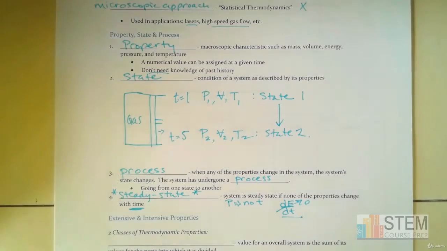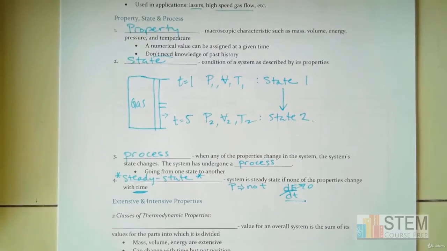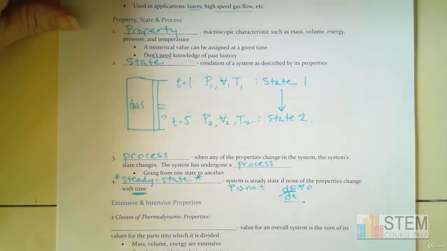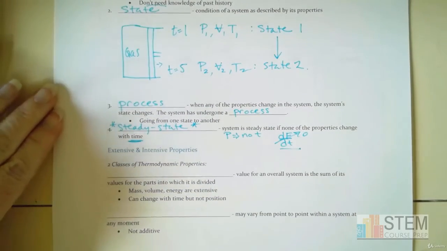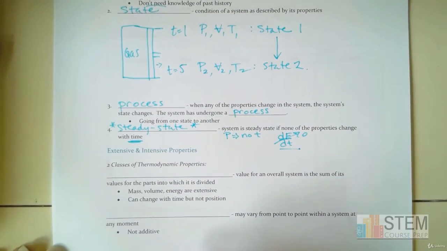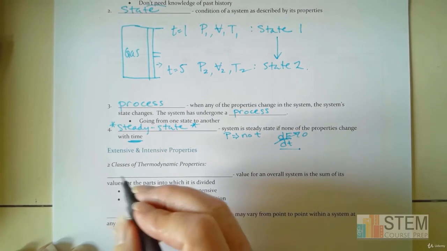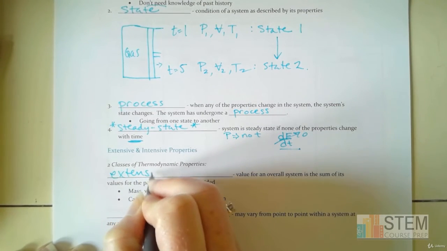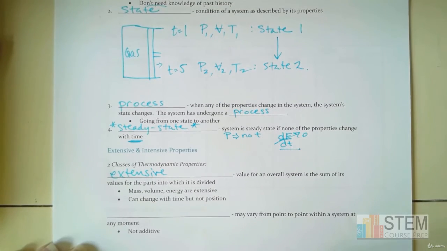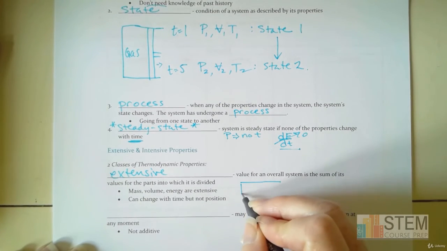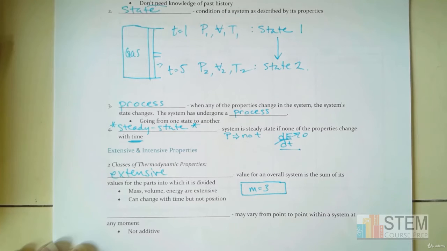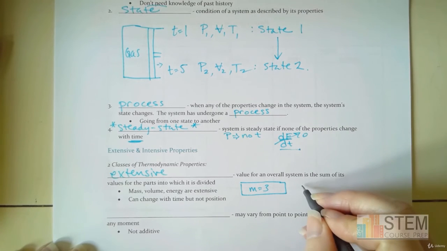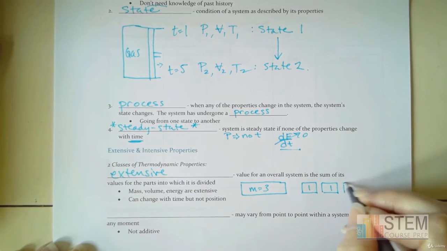Now let's do a couple other things. Let's go over extensive and intensive properties. So these are going to be our classes of properties. The first one let's talk about is extensive. For an extensive property, just to demonstrate this, let's draw this little picture. Let's say this is a block, some substance, and it's got a mass of 3. Now I could cut this block into 3 equal parts.